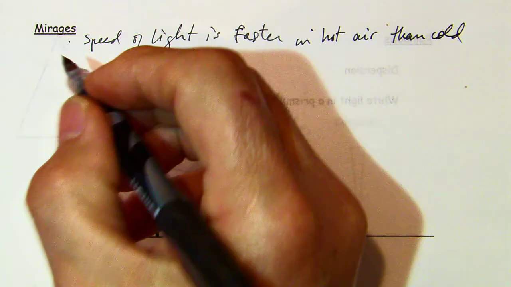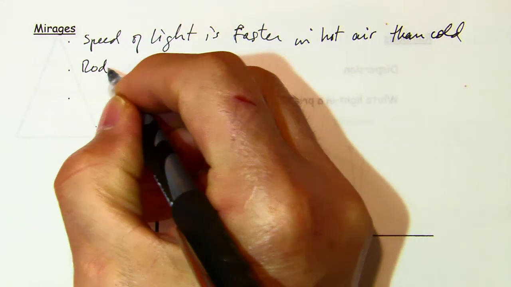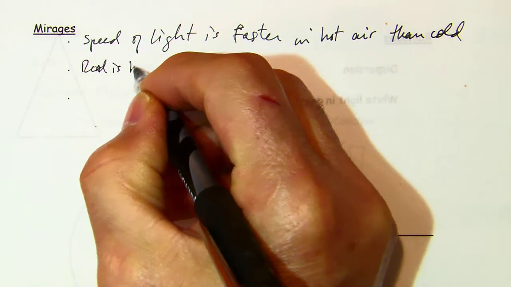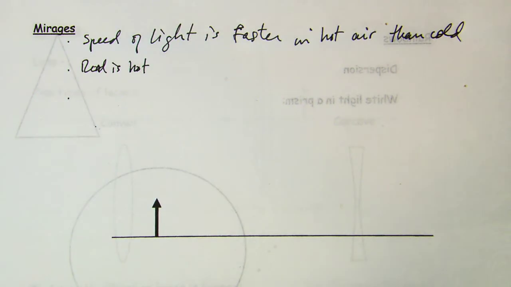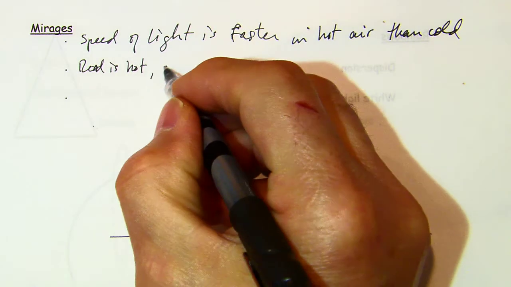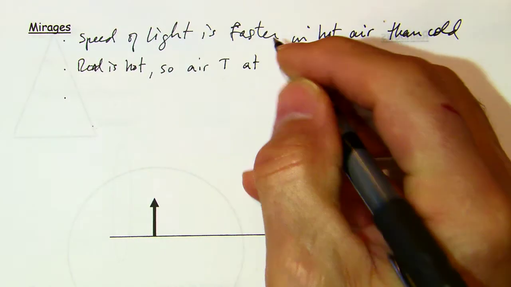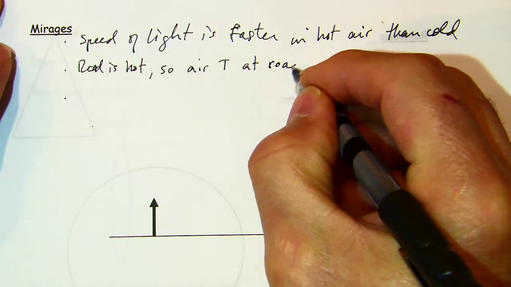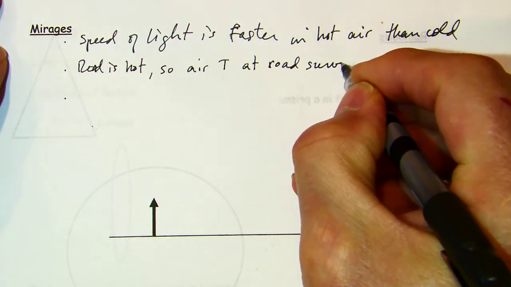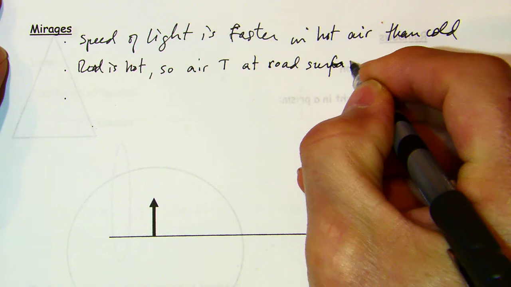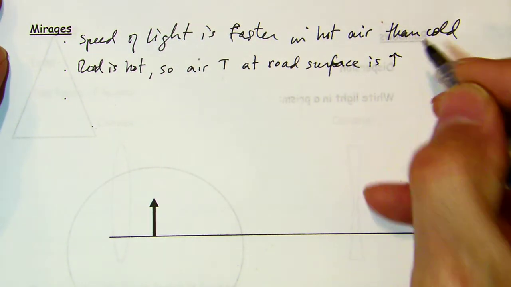Point two, the road is hot because it's black. Remember, black absorbs more of the radiant energy from the sun. So air temperature at the road surface is higher than up in the air.